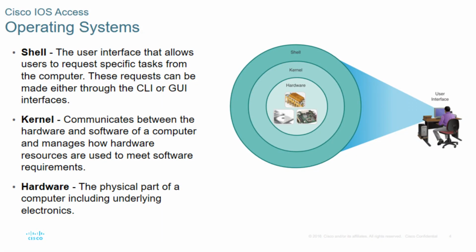All end devices and network devices require an operating system. As shown in this figure, the portion of the operating system that interacts directly with computer hardware is known as the kernel.